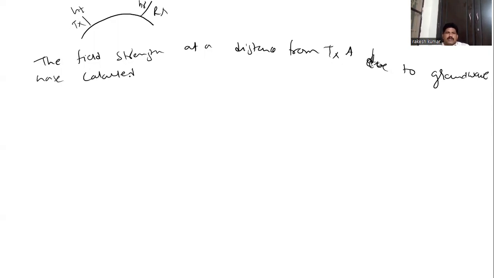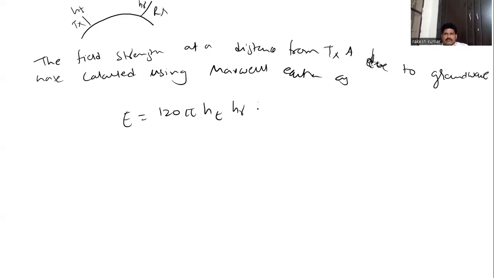The field strength at a distance from the transmitting antenna due to ground wave has been calculated using Maxwell's equation as E is equal to 120 pi HT HR IS by lambda D.